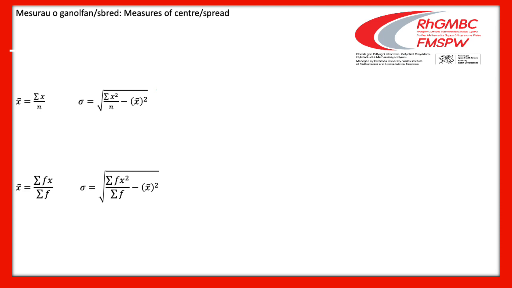And you also did some spread work at GCSE. The most basic level of spread is range, but of course an extreme value will affect your range. You refined it with box and whisker plots and cumulative frequency diagrams to interquartile range.